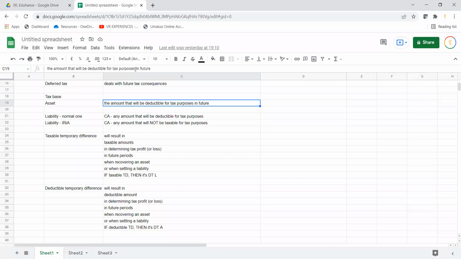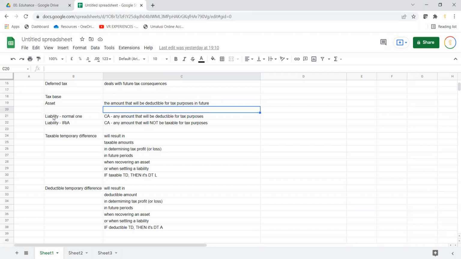I just put the words in future over here to emphasize future. When we say will, it must still happen. So will and in the future is the same thing. I'm putting in future over here just to emphasize it. So the tax base of an asset, that is the amount that will be deductible for tax purposes.